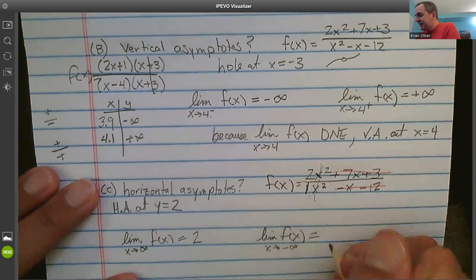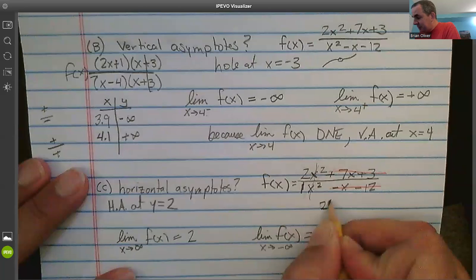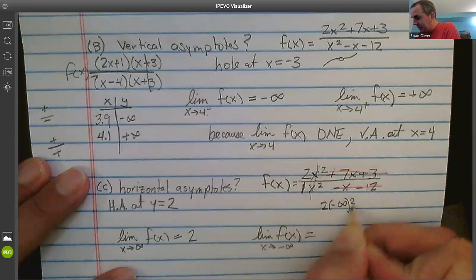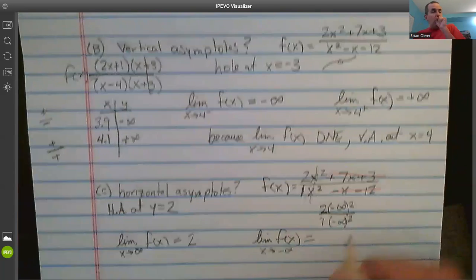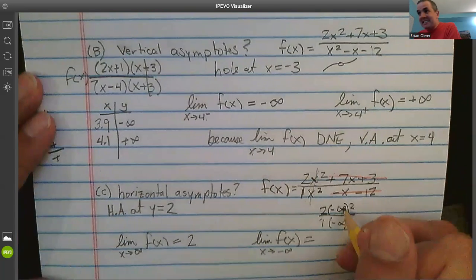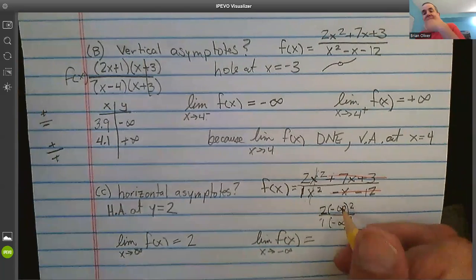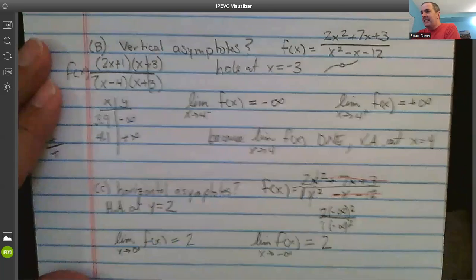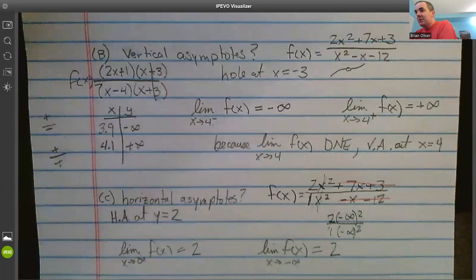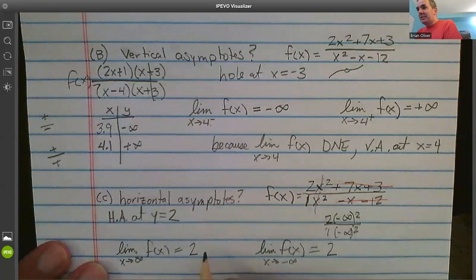If I put negative infinity in, I'm going to end up with 2 times negative infinity squared over 1 times negative infinity squared. Again, in essence, these divide out to 1, and it leaves me with a 2. And the reason that there is a horizontal asymptote there is because of this limit.